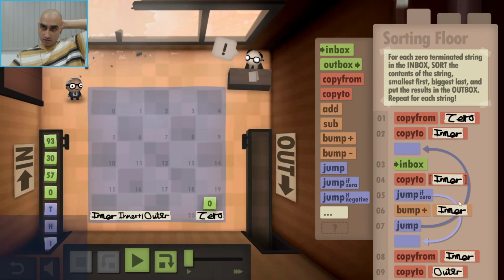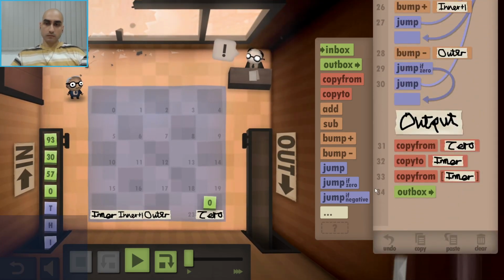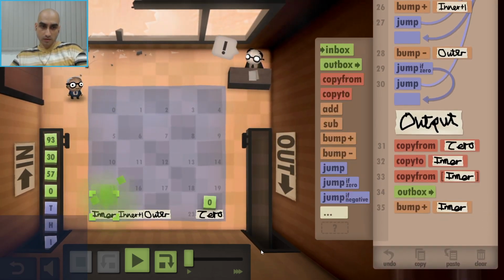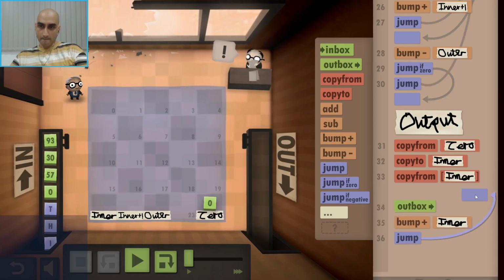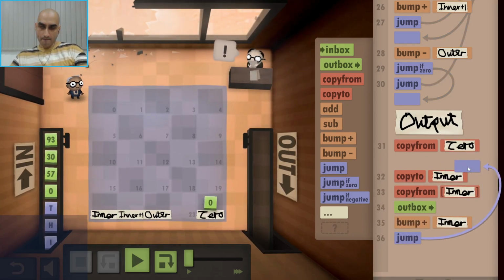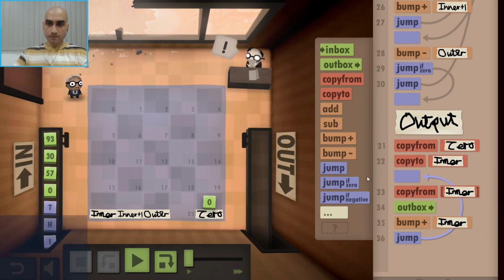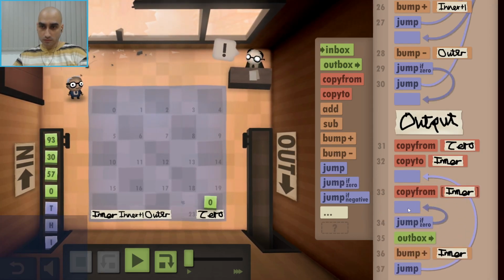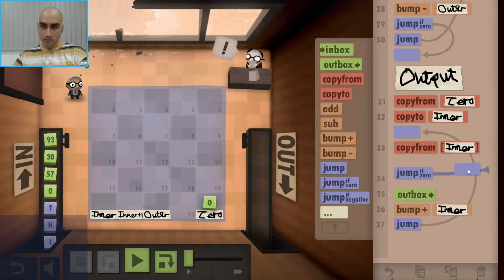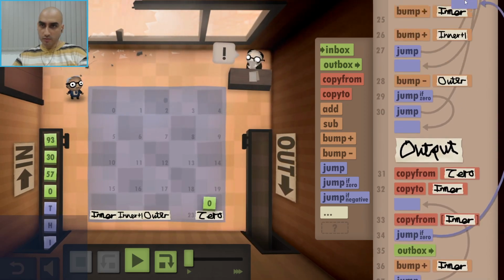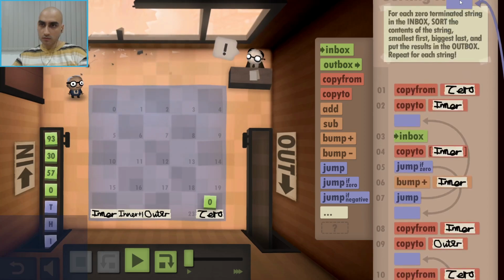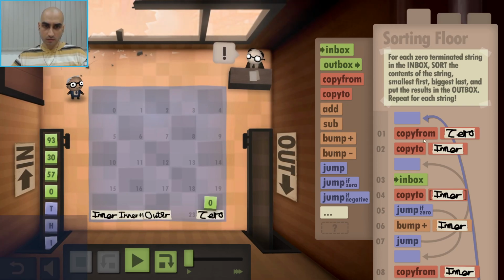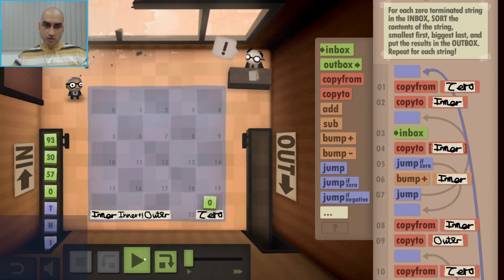It's smallest first, right? Yeah. And then we just repeat. And then we bump inner. We repeat. And as soon as we're holding a 0, then we are done and we move all the way back to the beginning and move on to the next number. Let's try that now.